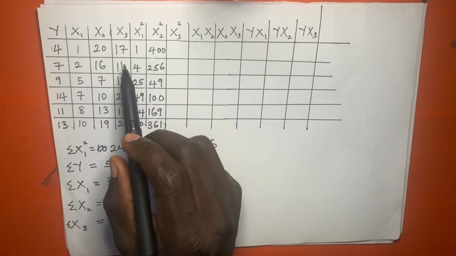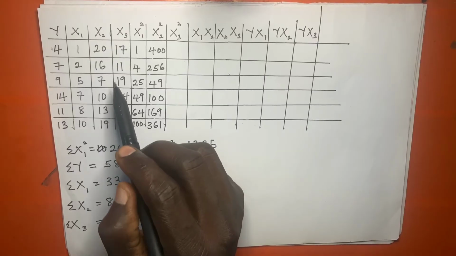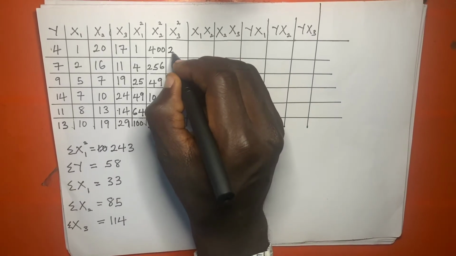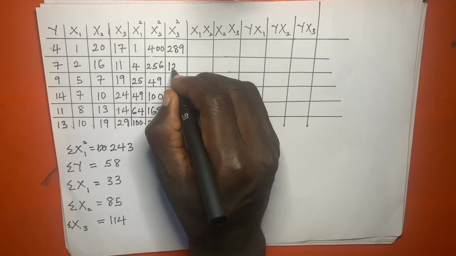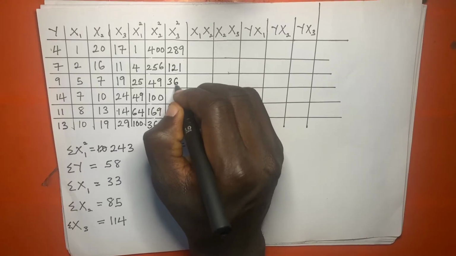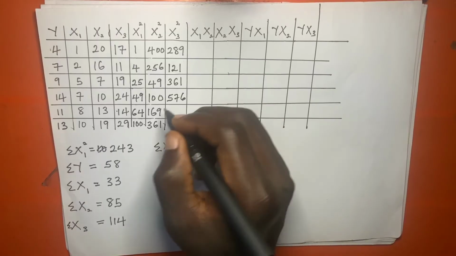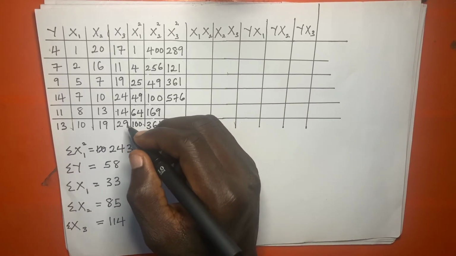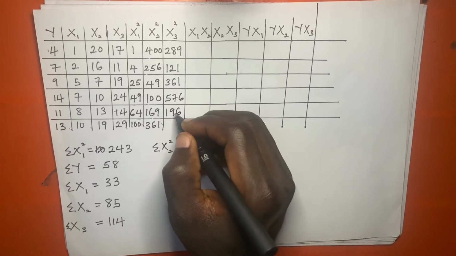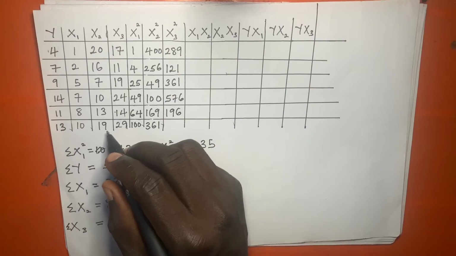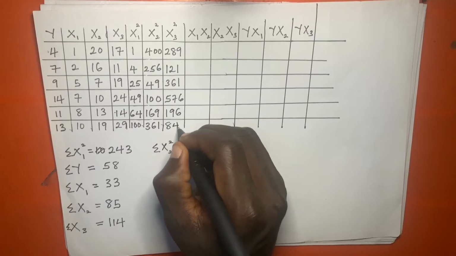For x3 square, we're going to square each value in this x3 here. So we say 17 square will give us 289. 11 square, 121. 361. 576. 14 square will give us 196, and then we have 29 square will give us 841.